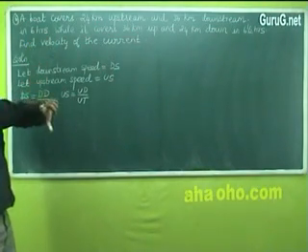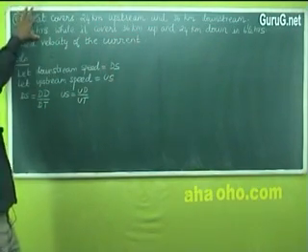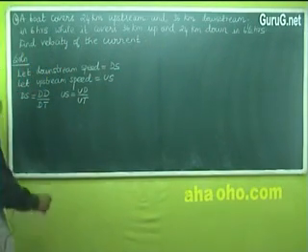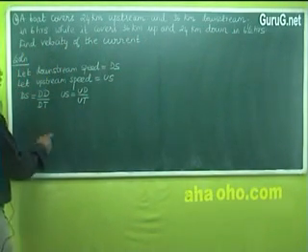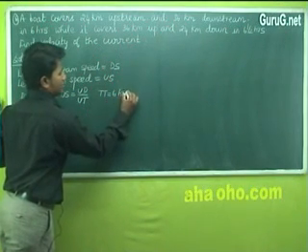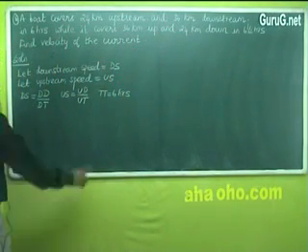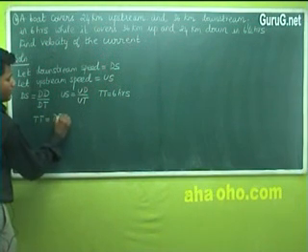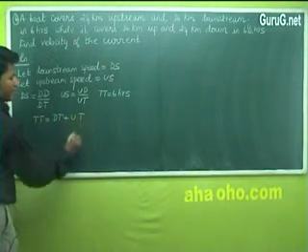You are given two sets of data. Here is one set of data and here is another set of data. See, the total time is 6 hours. The total time is nothing but downstream time plus upstream time.